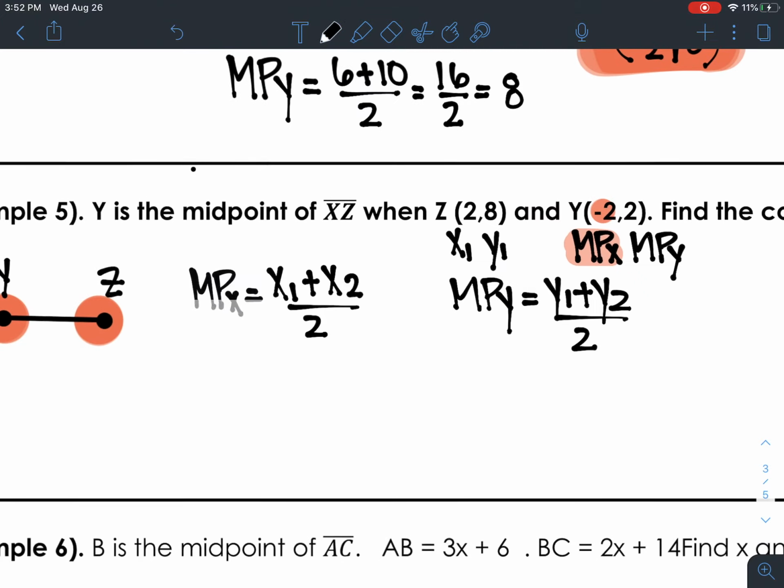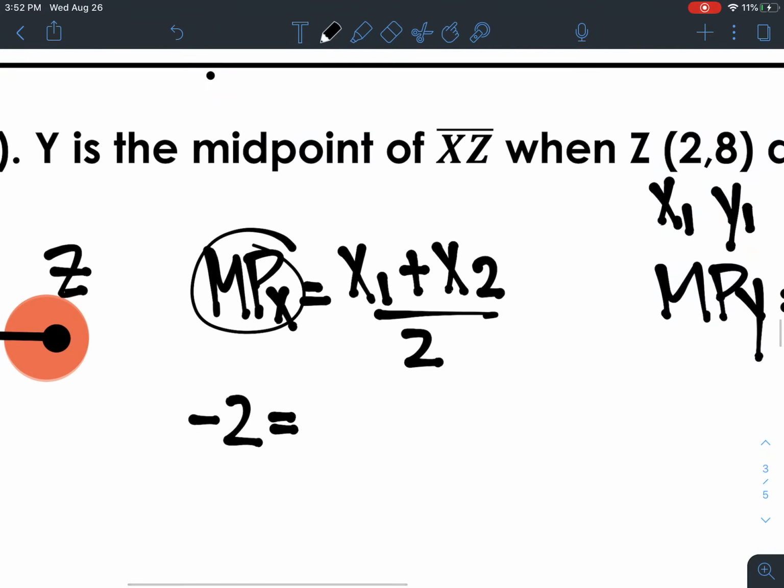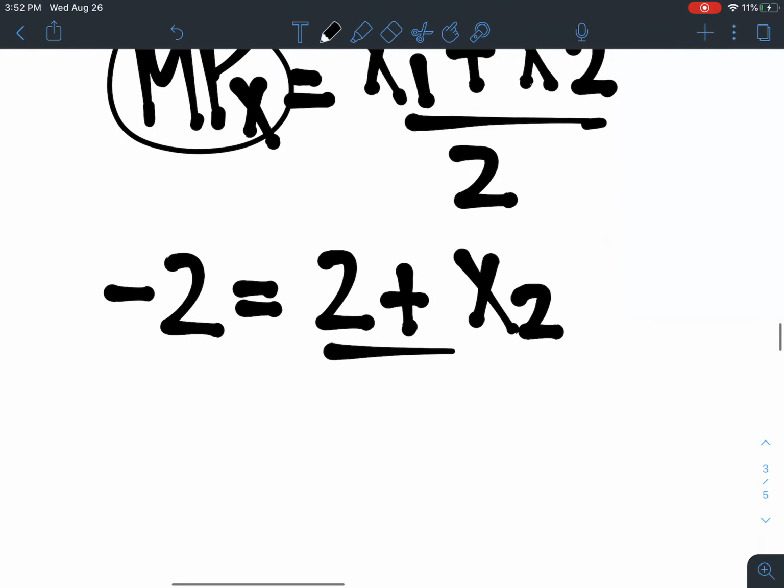That means I'm going to plug this negative 2 in for that MPX. So negative 2 is equal to, now my x1 I labeled as 2, plus my x2 is what I'm looking for, so I'm going to keep it as x2, divided by 2.